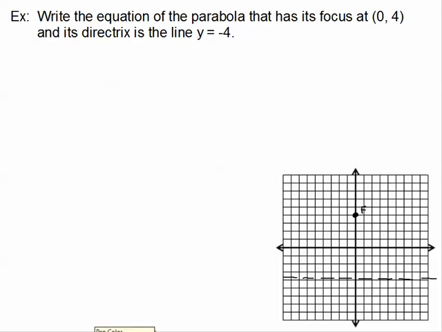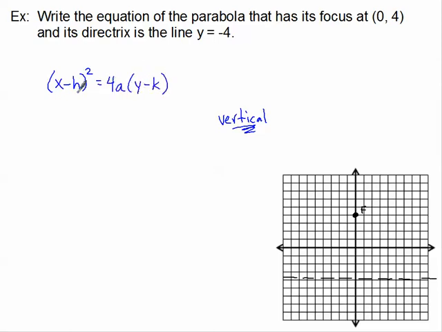This should be enough information for you to figure out what type of parabola we have. Since the focus is up here, we know that the parabola is like a Pac-Man eating that focal point, and so the parabola must be a vertical parabola. And since we're talking about a vertical parabola, we know that its x minus h quantity squared is equal to 4 times a times y minus k.